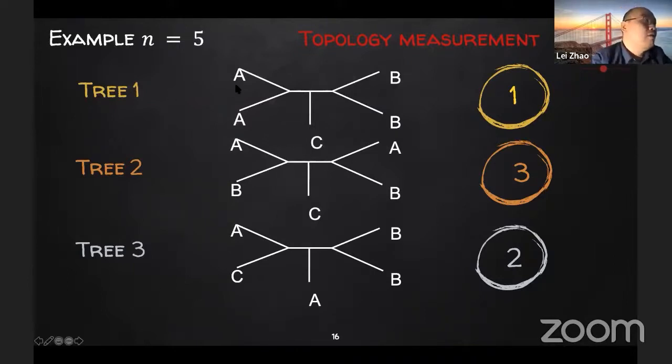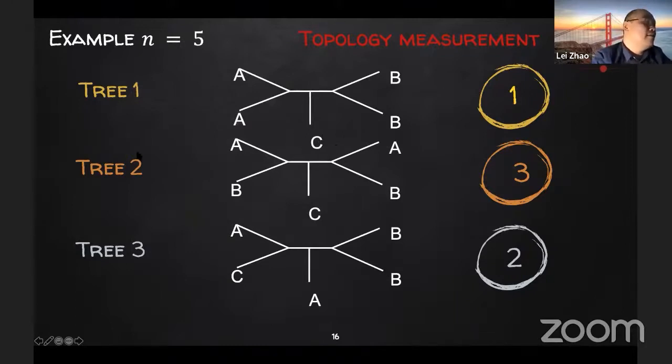Suppose you know that some nodes are species A, some nodes are species B, and some nodes are species C. If you see this kind of tree, you will say the tree inference method should be the best, because the two A are clustered together, the two B are clustered together, and the C are clustered together.